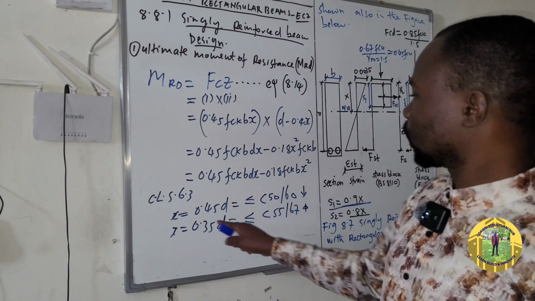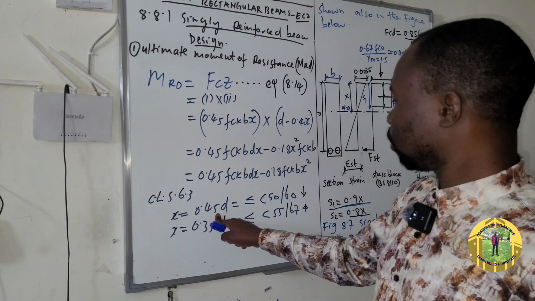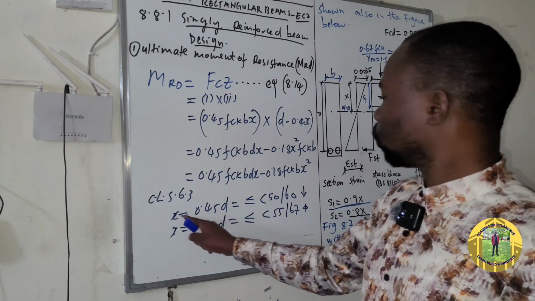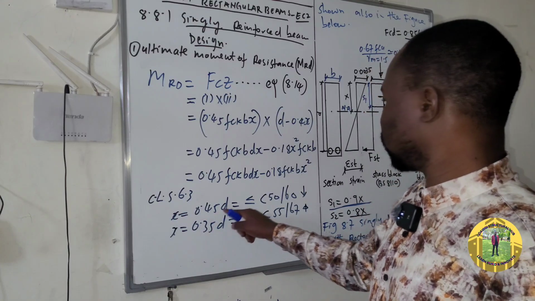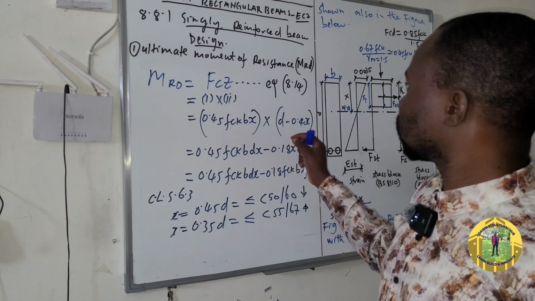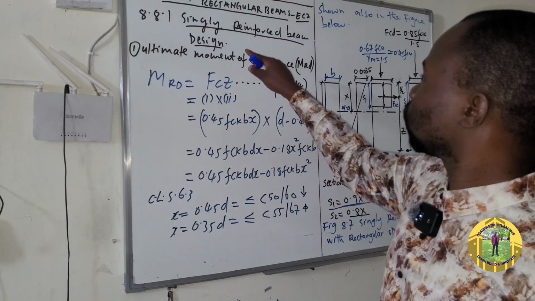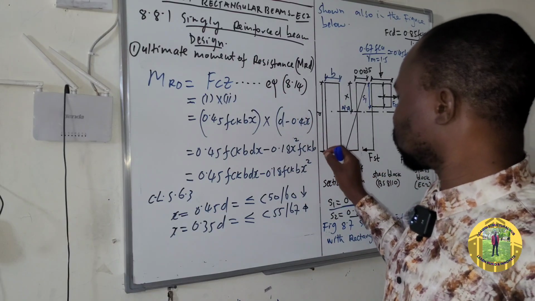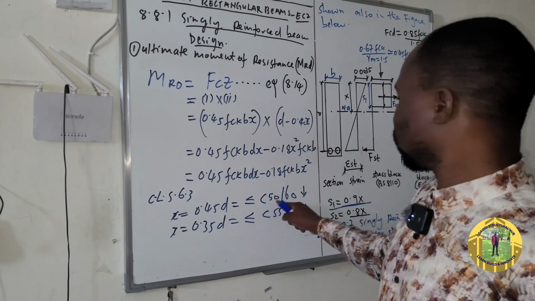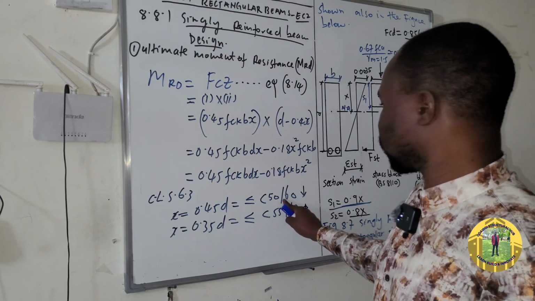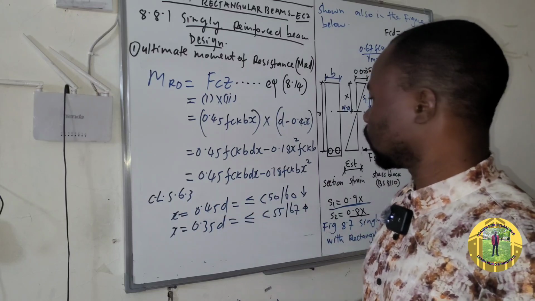So we will limit this X to 0.45D, which implies that we will replace X by 0.45D, because now we are developing a formula for concrete class C50/C60.